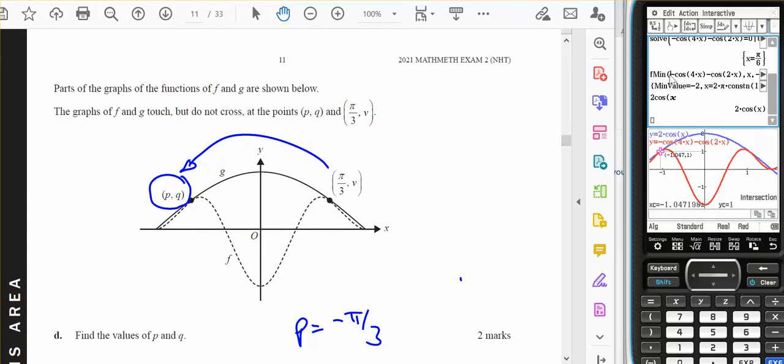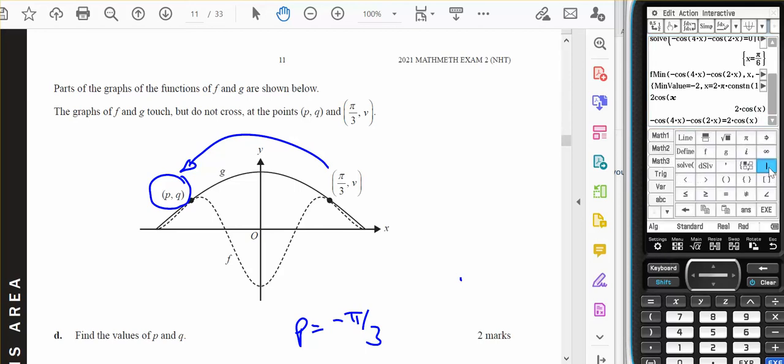If I make these equal to each other and give a restricted domain from minus pi to 0, it will solve the equation just within the domain.